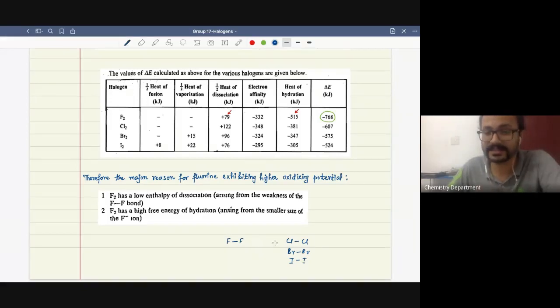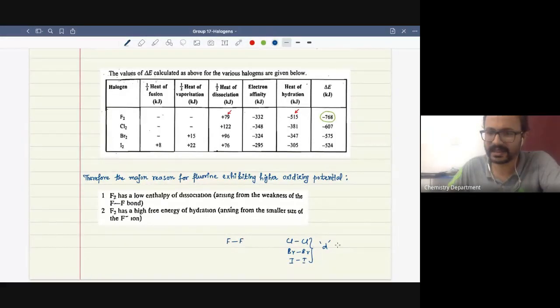One reason is that these elements have the d subshell, so they can form multiple bonds. Pπ-dπ kind of multiple bonds are possible in these cases, which is not possible in the case of F because of the lack of d orbitals.